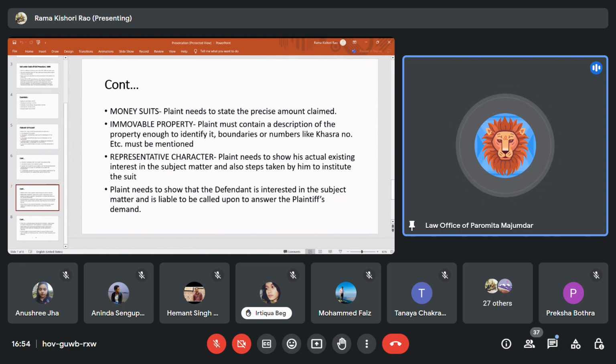For example, you are suing for breach of a contract. You have to show from the contractual process what was the exact contract you signed and what exactly transpired after the execution of the contract. Why do you think the defendant is in breach?